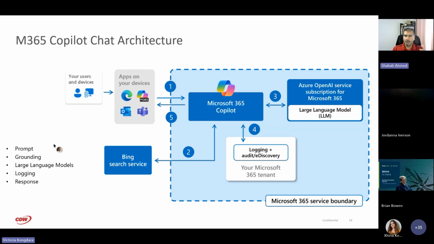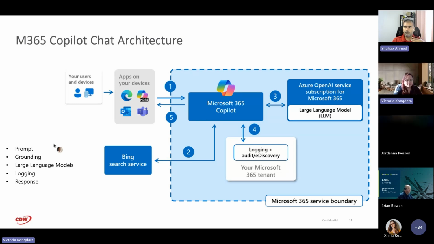The next piece is the grounding piece, right? So everything that we reach out for goes through a web grounding piece. You can turn it off if you want, but what it's doing is effectively sending web search queries based on the prompt to Bing to provide relevant information, right?